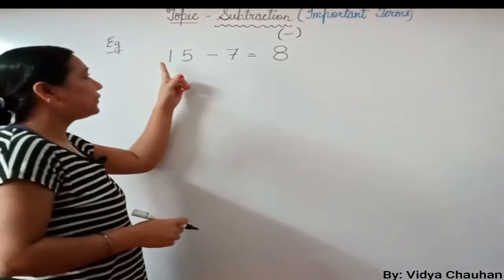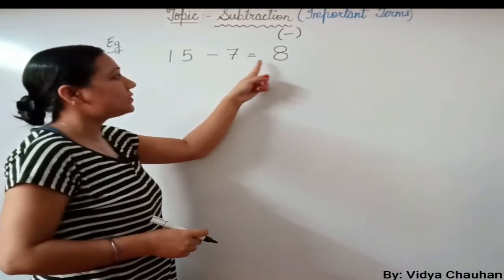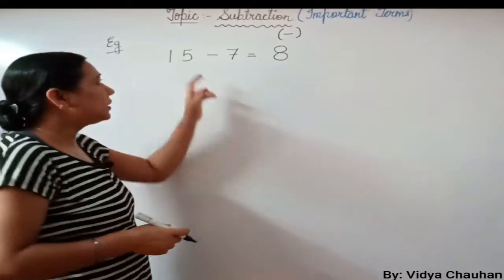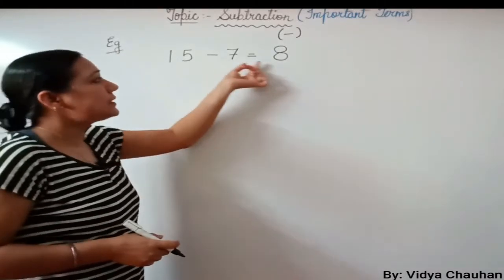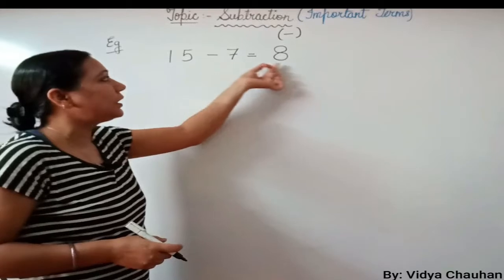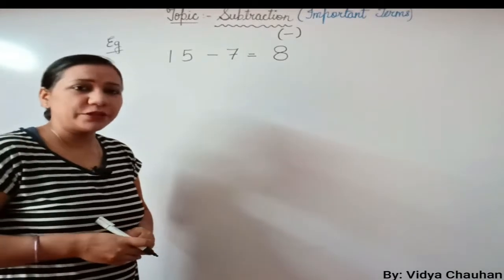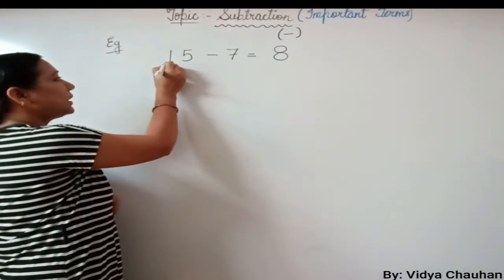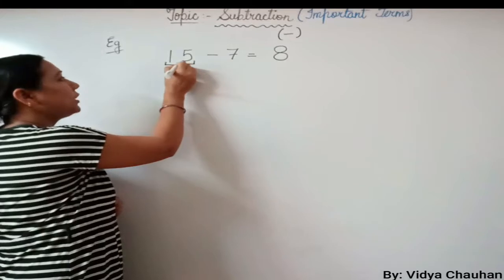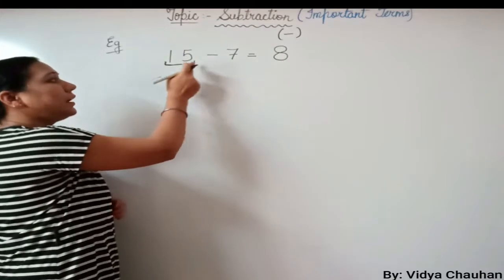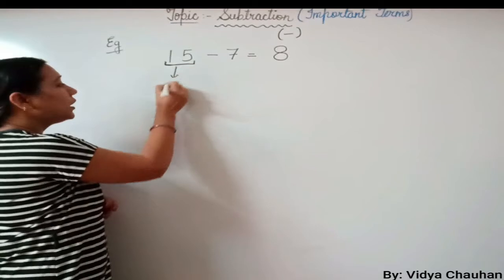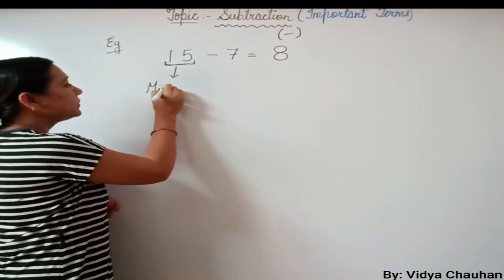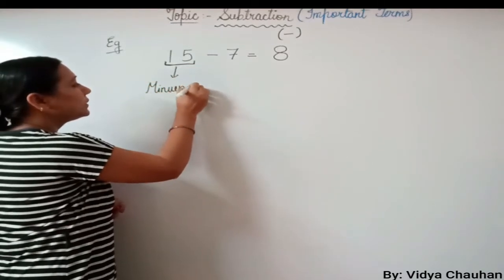So I have written 15 minus 7 gives you 8. Here these three numbers have particular names in subtraction. The biggest number, or the number from which any other number is subtracted, is called minuend.